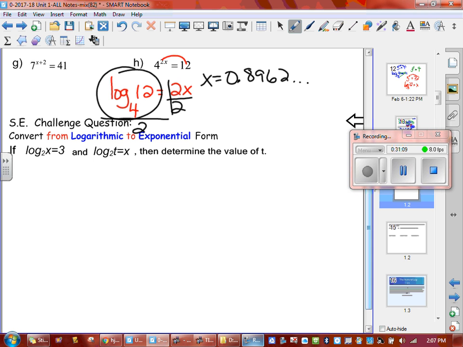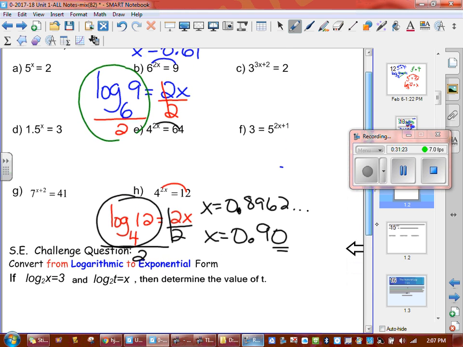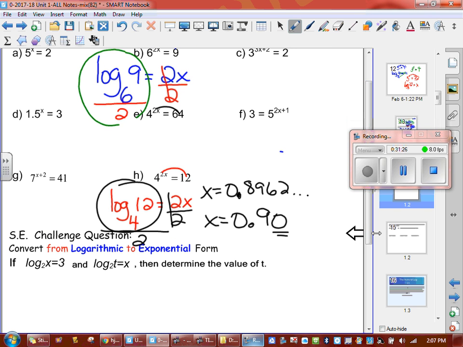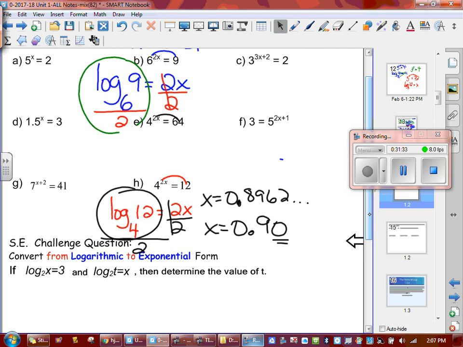All right, we're going to move up to the top, and now we're going to do the last 2, C and F. So letter C, we are going to drop down the 3 because he's our base, and our exponent and our 2 switch places. 3x plus 2. So we're going to subtract 2 from both sides to get rid of it. So remember, we connect this part out front with a plus sign.